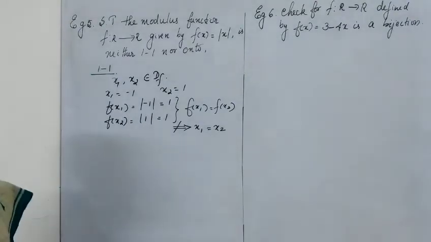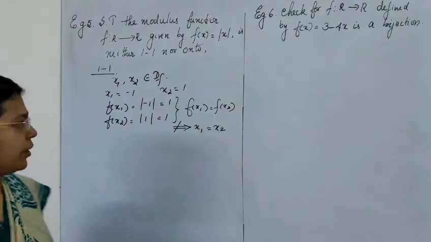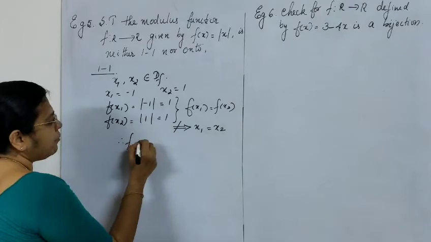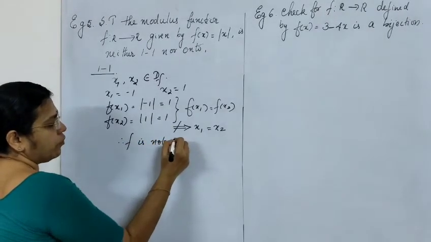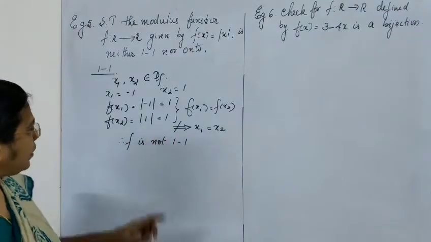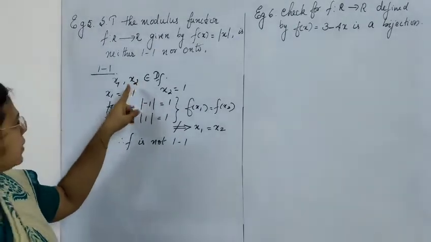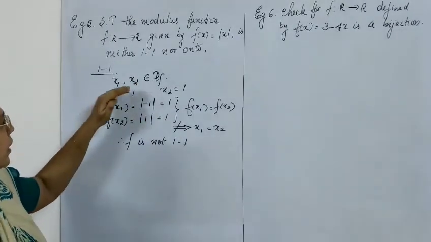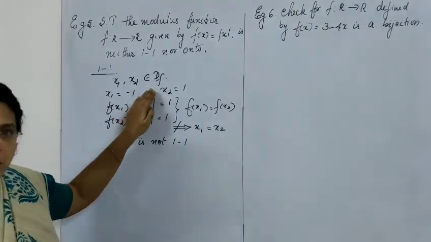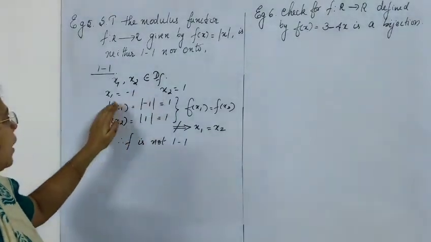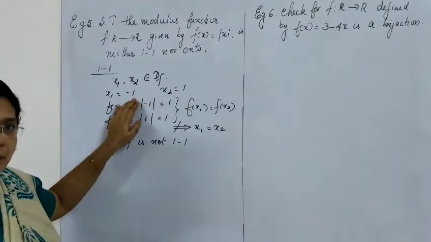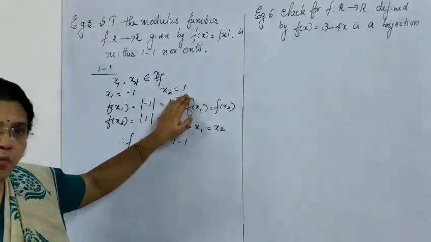So what can I say? The function is not 1-1. Therefore, f is not 1-1. I repeat once again. As always, x1 and x2 are two values that belong to the domain of the function. Now, x1 I have taken as minus 1 and x2 as 1.